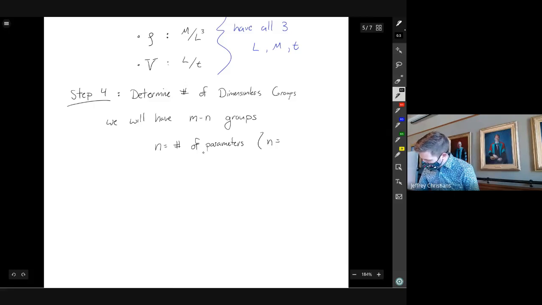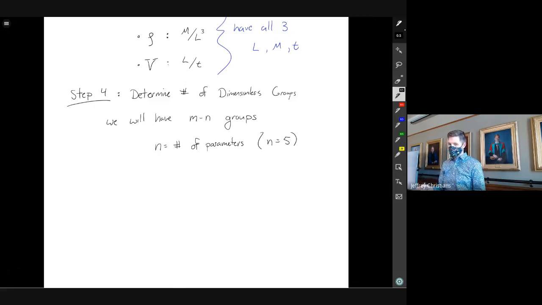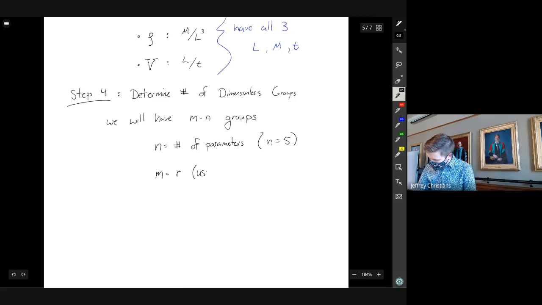So for our example, n is 5. We had 5 different parameters: drag force, diameter, velocity, density, viscosity. And m is equal to r, usually, not always, sometimes there are exceptions, but usually it's equal to r.